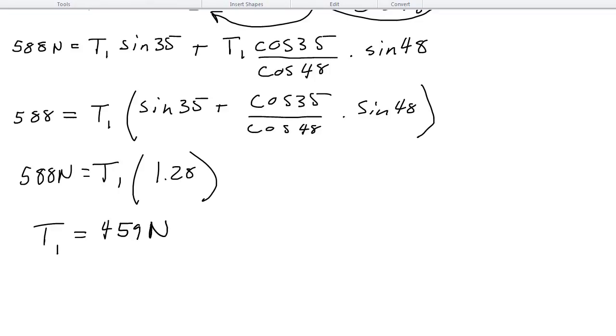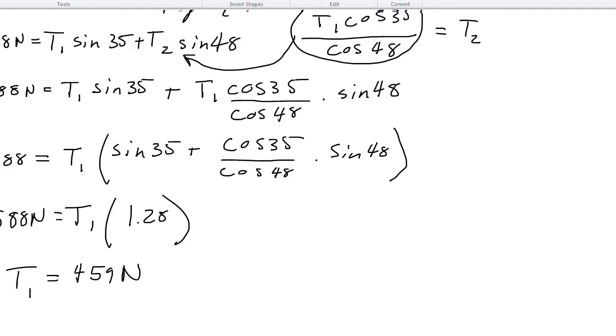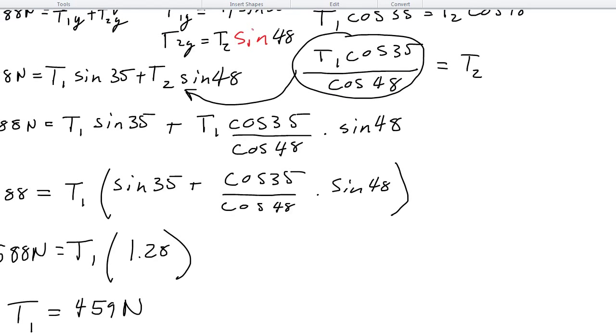Now I need to solve for tension 2, and I don't have to go through such a complicated process like I just did, because I solved for how T1 was related to T2 up here. And so I can just simply take this equation that I started with and bring it down to here.